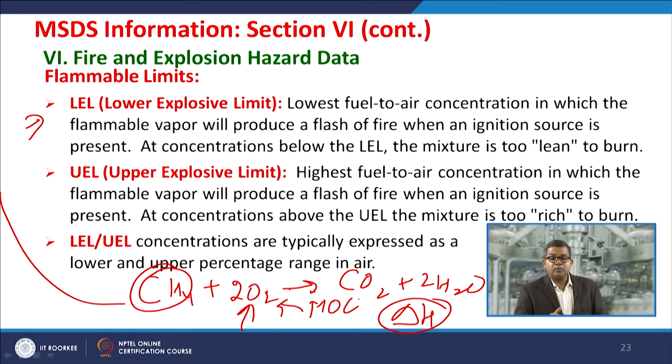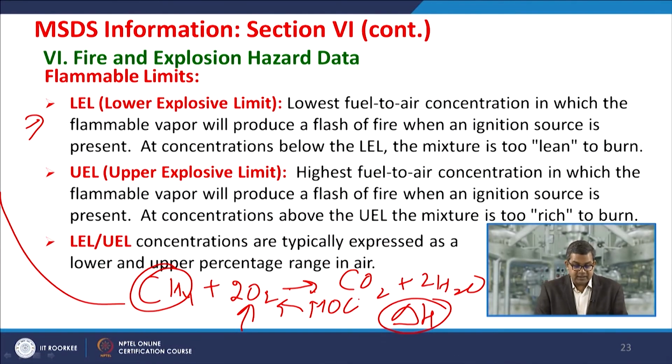In the module on fire, we will discuss fire anatomy in detail. The LEL and UEL are usually expressed as a lower and upper percentage range in air. So if a mixture is between LEL and UFL, only then will it catch fire.